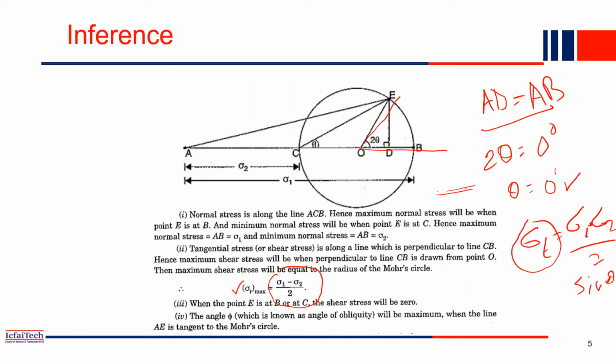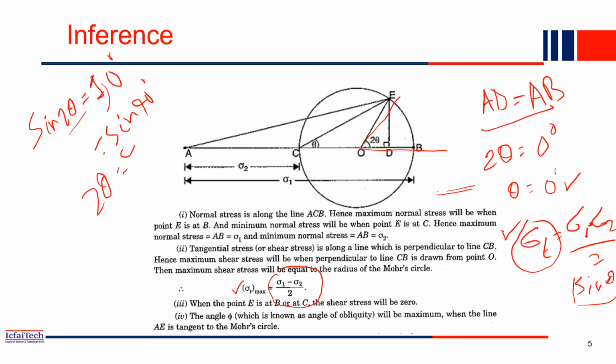When sine 2 theta equals 1, then only this sigma t will be maximum. Sine 90 is basically 1, so 2 theta equals 90 degree and theta equals 45 degree.